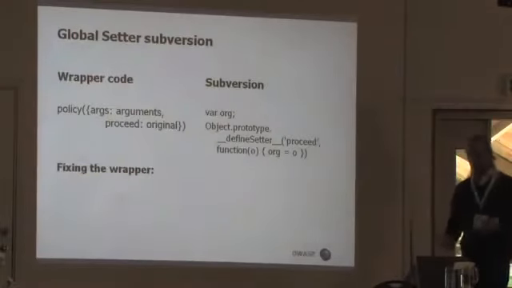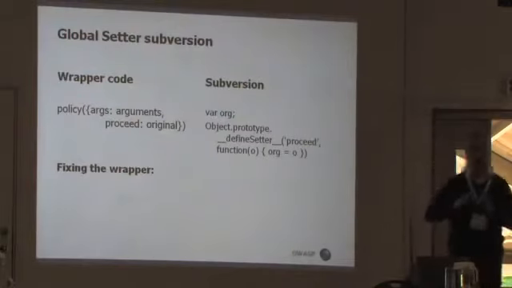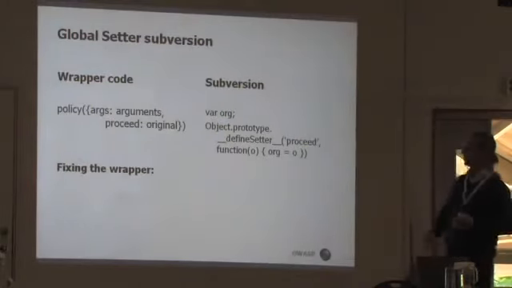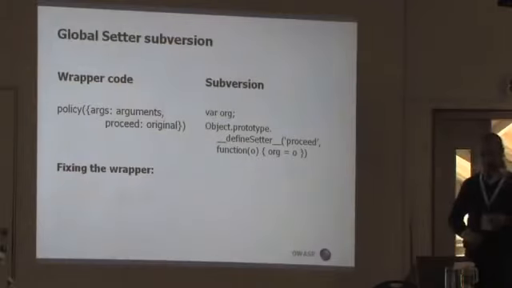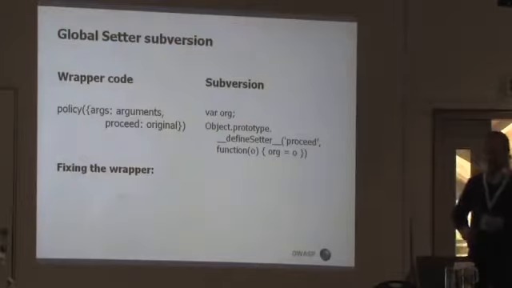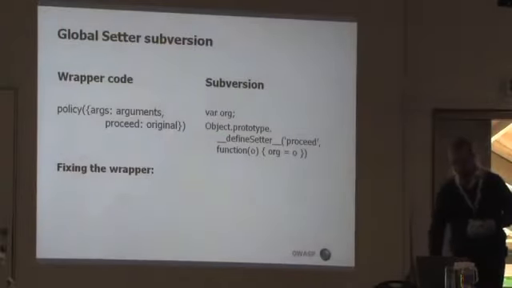In the wrapping code, at one point, we created a temporary object just to pass to the policy, which contained the original built-in. And by defining this setter for a field in that object, you could steal the original built-in back.